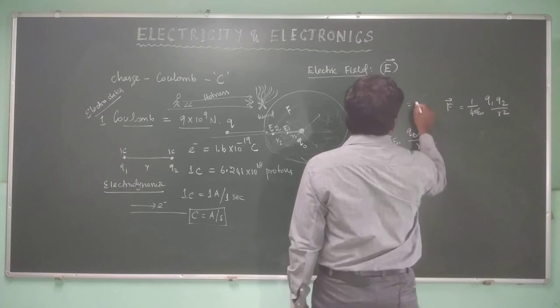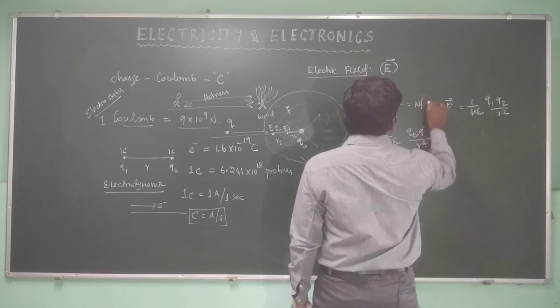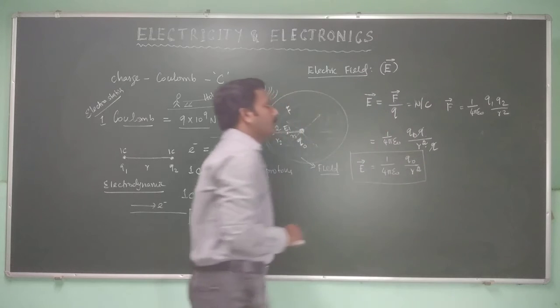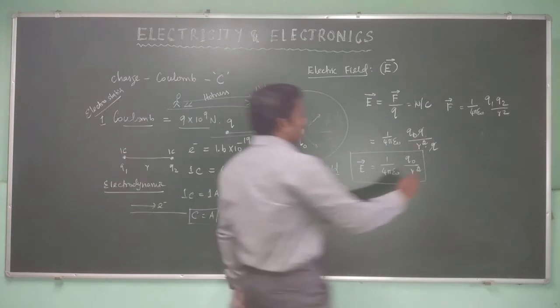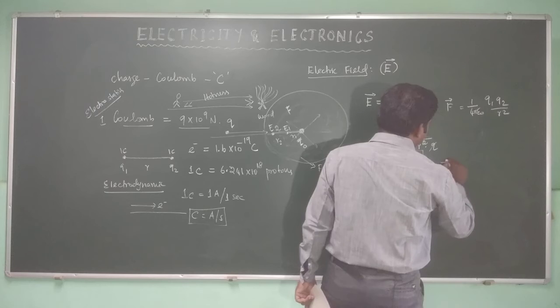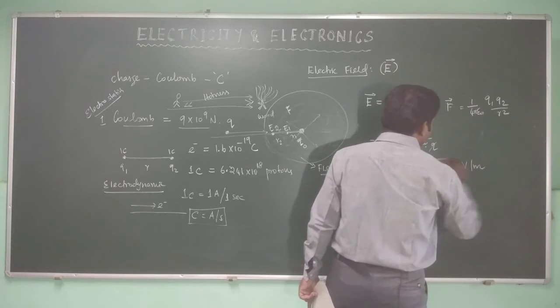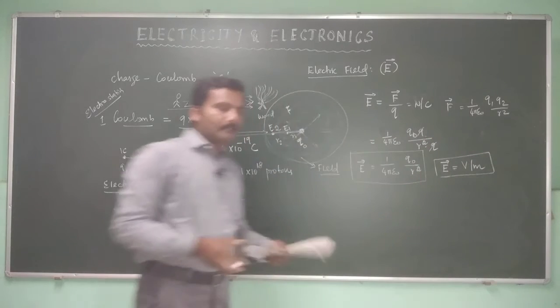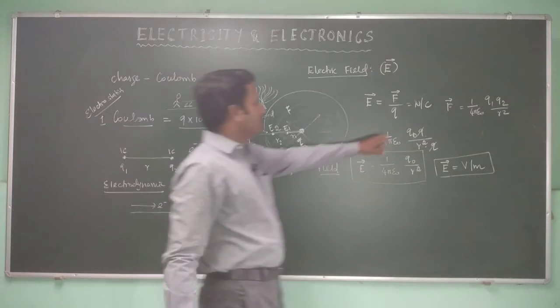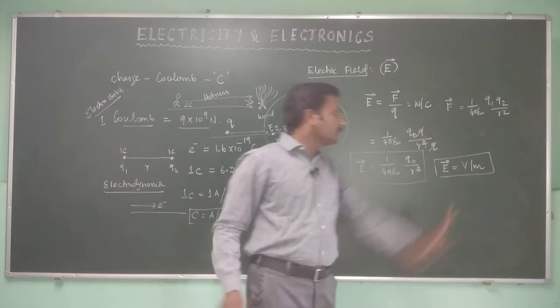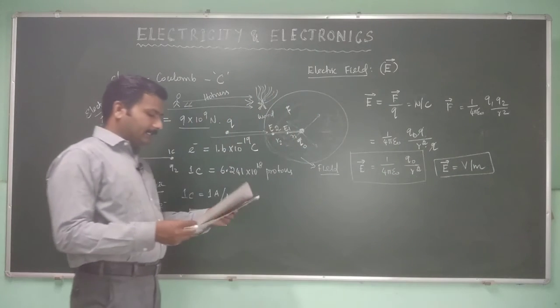So you can write Newton per Coulomb. It has another unit as well, volt per meter. So there are two units, Newton per Coulomb or volt per meter.